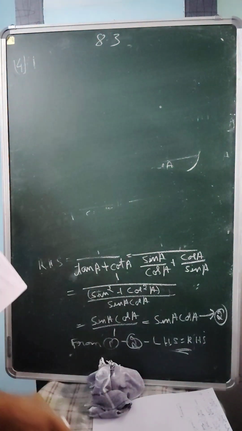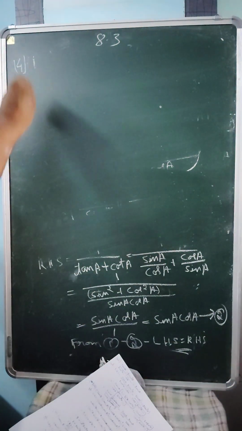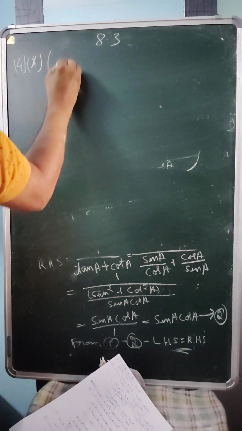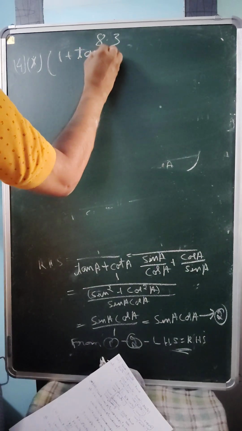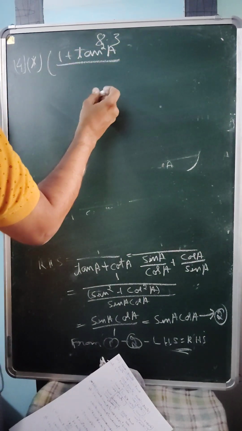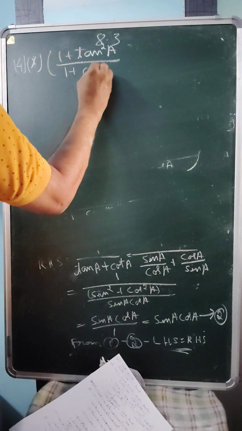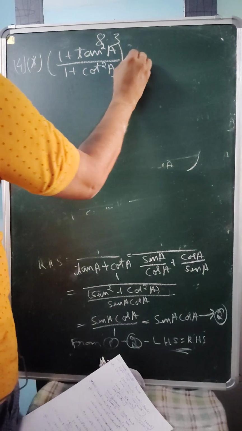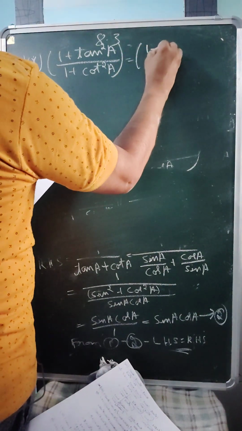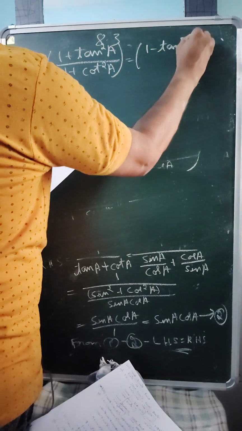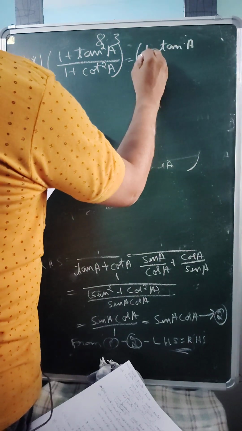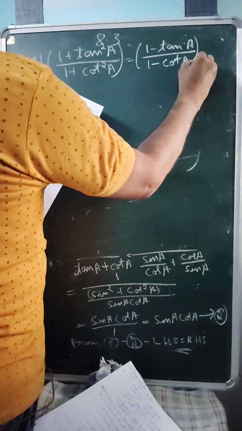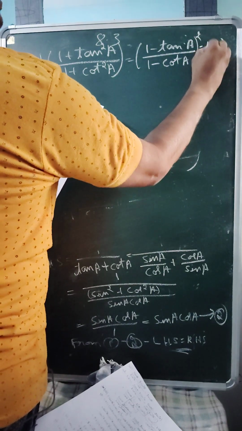Next, 10th problem is: (1 plus tan square A) whole divided by (1 plus cot square A) is equal to ((1 minus tan square A) whole divided by (1 minus cot A)) whole square is equal to tan square A.